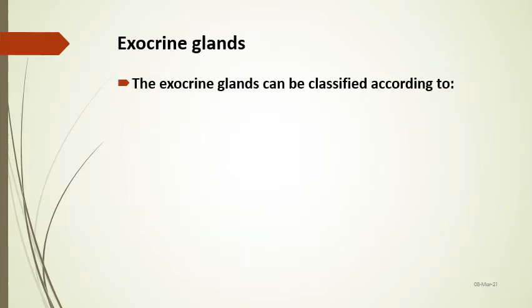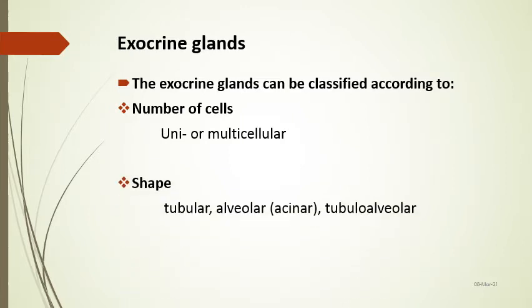The exocrine glands can be classified according to the number of cells into unicellular or multicellular glands. They are classified according to the shape into tubular glands, alveolar or acinar, or tubulo-alveolar or tubulo-acinar.